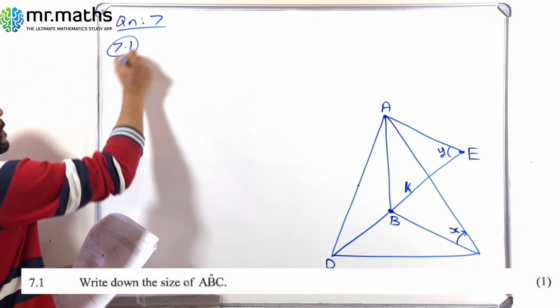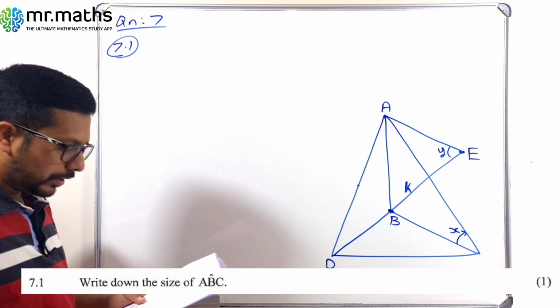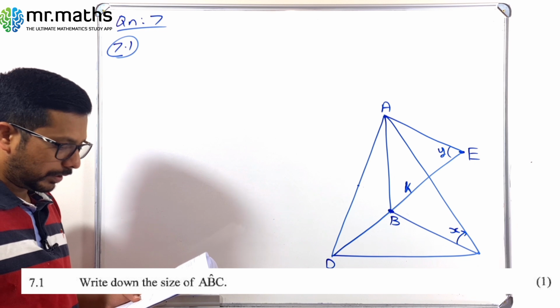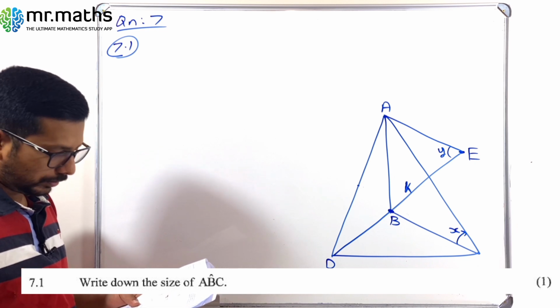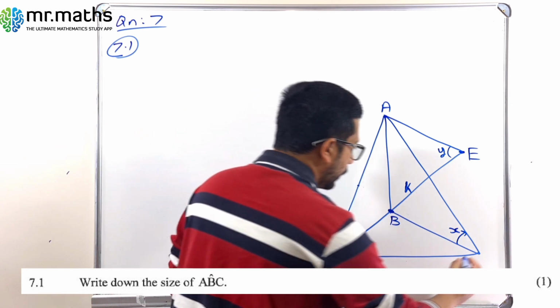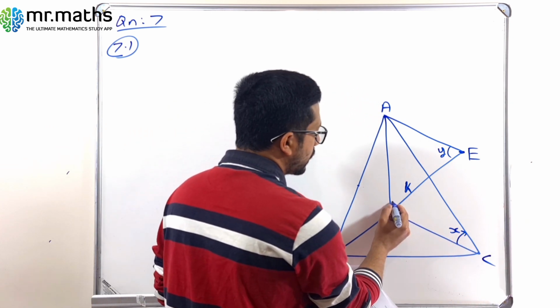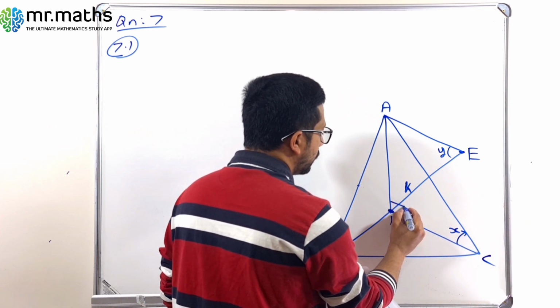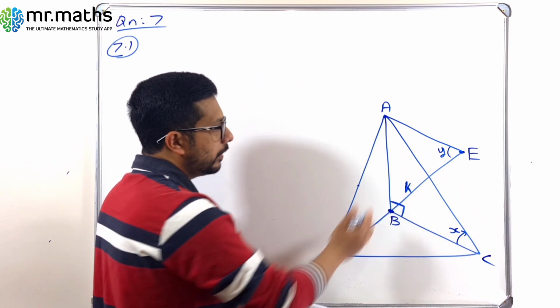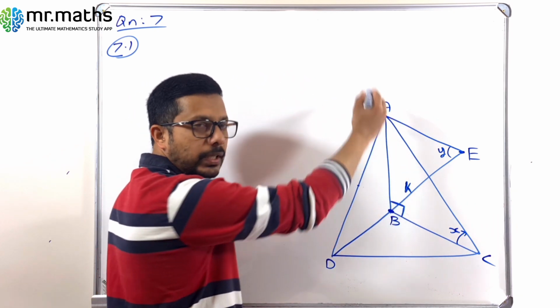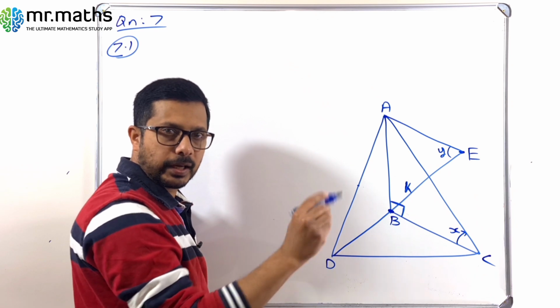The question is: write down the size of angle ABC. Where is that? This is C. So here they are asking what is the size of this angle. This one is a horizontal plane, and they are saying that this one is a vertical pole. So what is that angle?